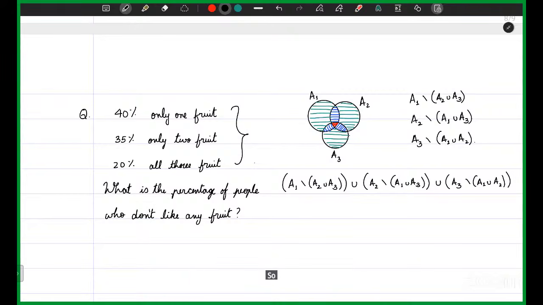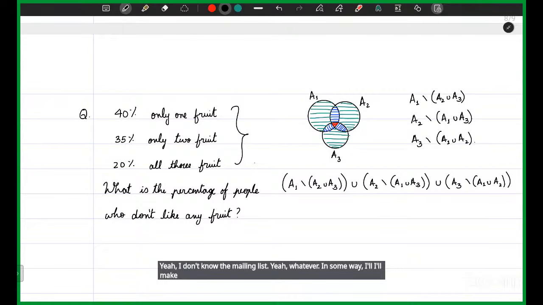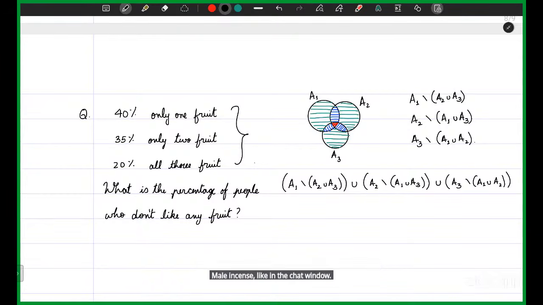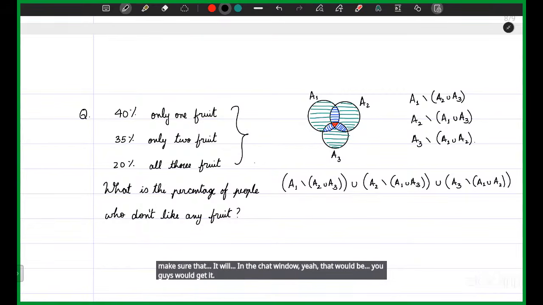Not all of you have access to discourse right now, no? You can share it by mail in that case. I don't know the mailing list. In some way, I'll make sure you get it. I don't know if I have access to the link right now. Instead of me trying to look for it now, I'll make sure it is added in the portal itself so that everyone can get it.